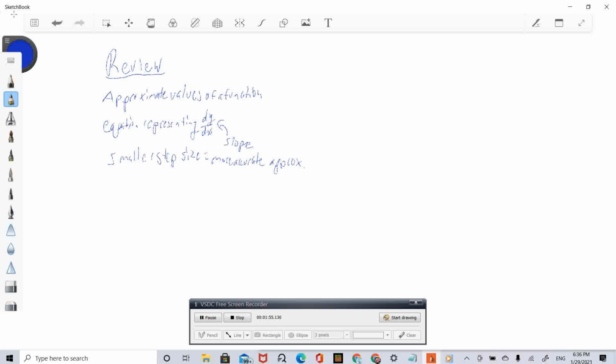So that's very similar to Riemann sums and other ways of approximating things using similar techniques of making step sizes.